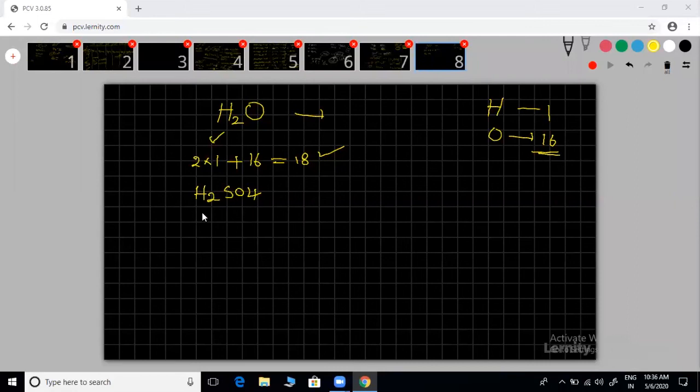H2SO4: hydrogen 2 into 1. Just additions only, all these things are like vegetable calculations. Suppose you went to any supermarket and bought so many things, then they will give the final total, like that only. These are numbers we are adding. 2 into 1 plus sulfur 32 plus oxygen 4 into 16. Add all these things. So 98.